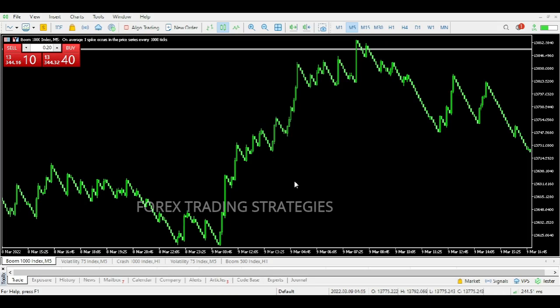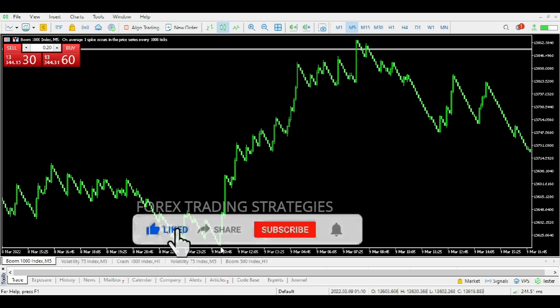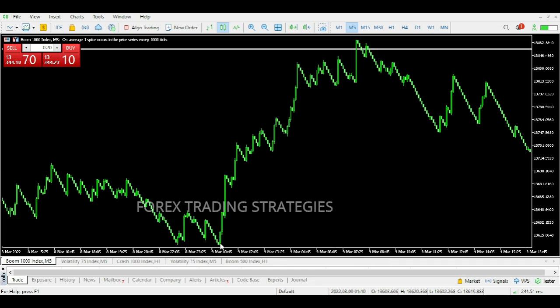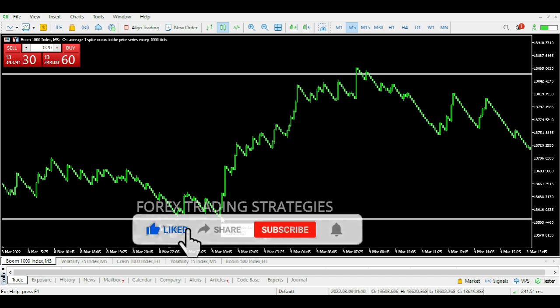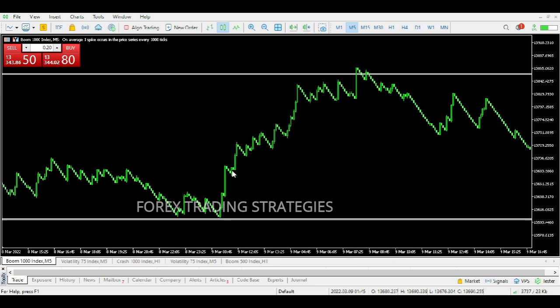So in order to catch spikes, my theory, the easiest way, is to go with the flow. When it is boom, the spikes are going up, so you want to catch the spikes when the trend itself is going up.